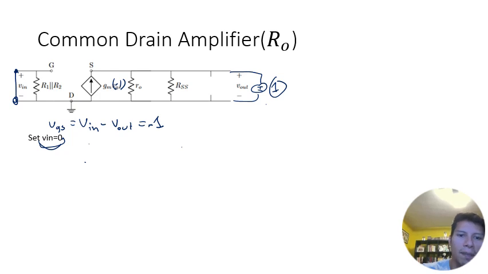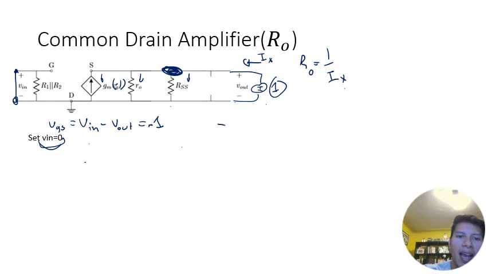And then now we can look at this nodal equation. And remember what we're actually after is Ix, because RO will be equal to 1 over Ix. Well, Ix will be equal to the sum of all the currents leaving the node.